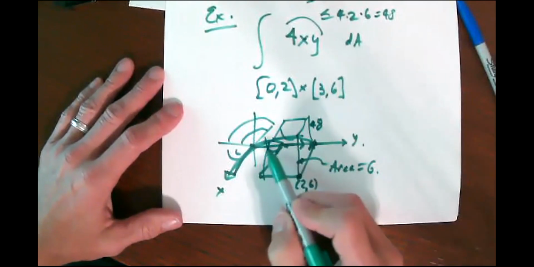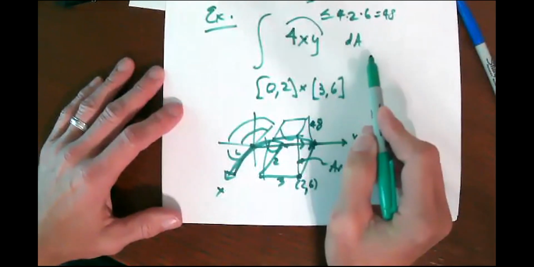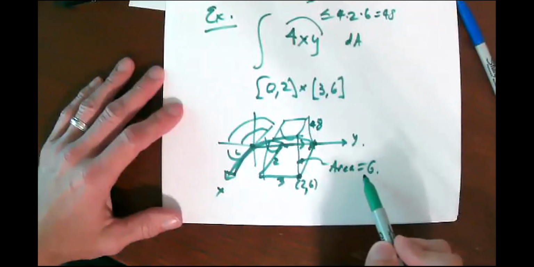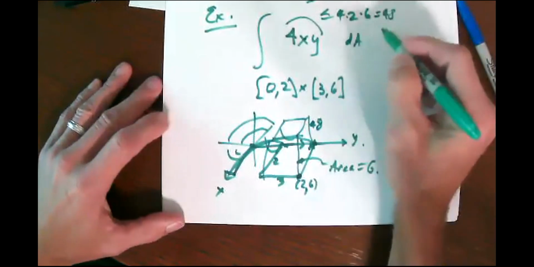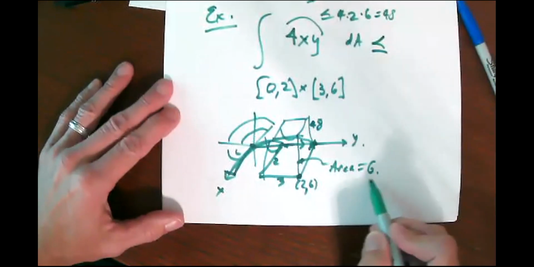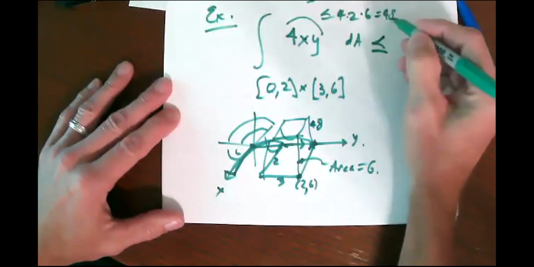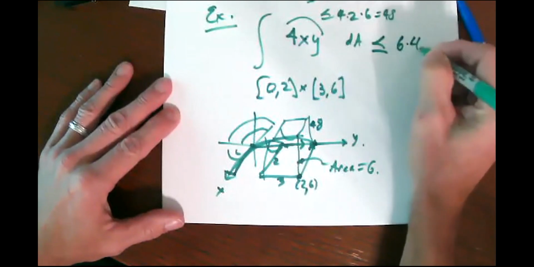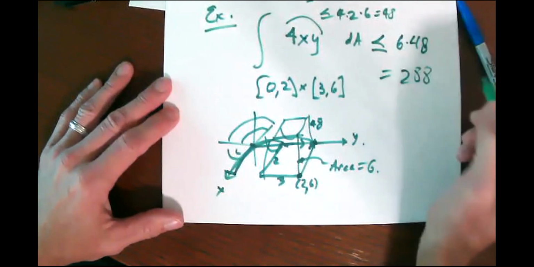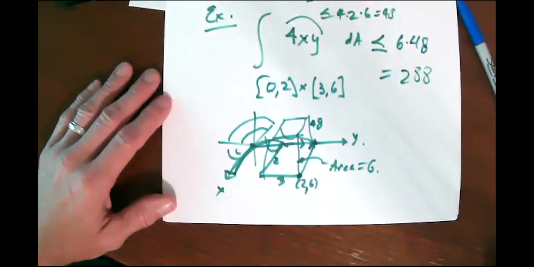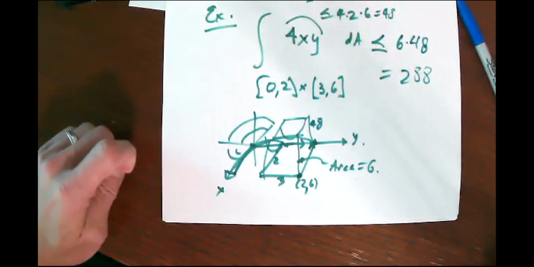So if the whole figure that I'm asking you to compute the volume of sits inside this box, then the volume of our figure is no more than the volume of the box, which is going to be the area on the bottom times the height of the box. And whatever 6 times 48 is, I guess that's 288. That's an upper bound on what the value of the integral is going to be.